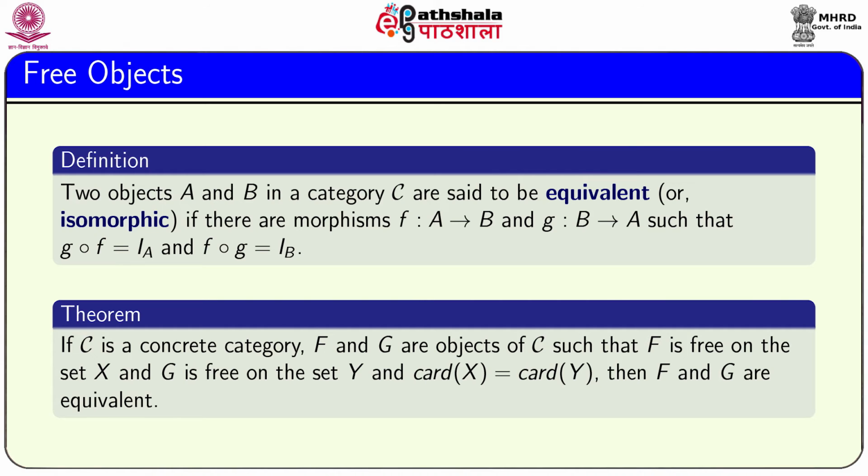With these informations, we state a theorem which says that if C is a concrete category, F and G are objects of C such that F is free on the set X and G is free on the set Y, and also the cardinality of the set X is equal to the cardinality of the set Y, then we can conclude that F and G are equivalent as objects.